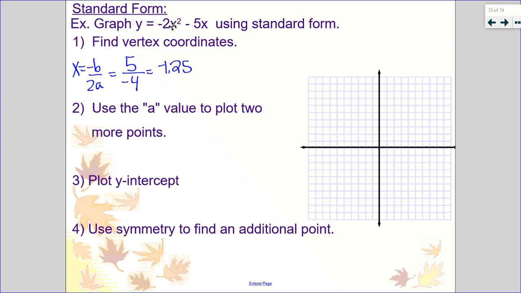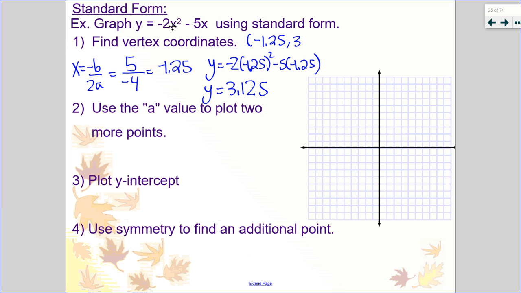Now to find the corresponding y value, you're going to plug that in for x. All right, so those are the coordinates of my vertex, negative 1.25 and 3.125.